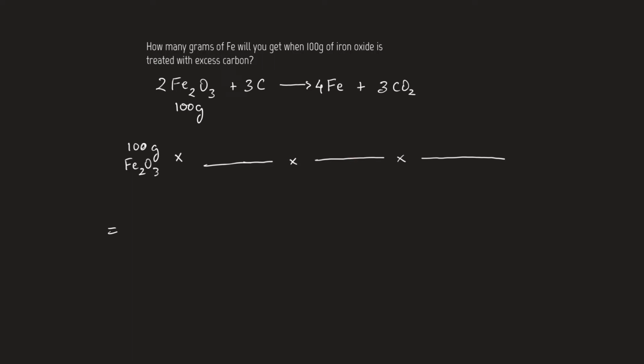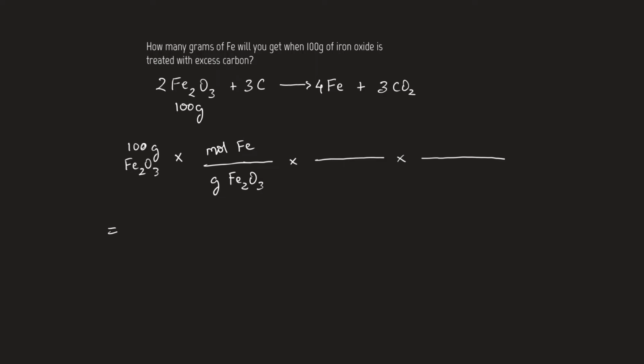Now, you take the unit that is given, which happens to be grams of Fe2O3, and then you will change it according to, so you will have to change this to moles of Fe. That is my first conversion.